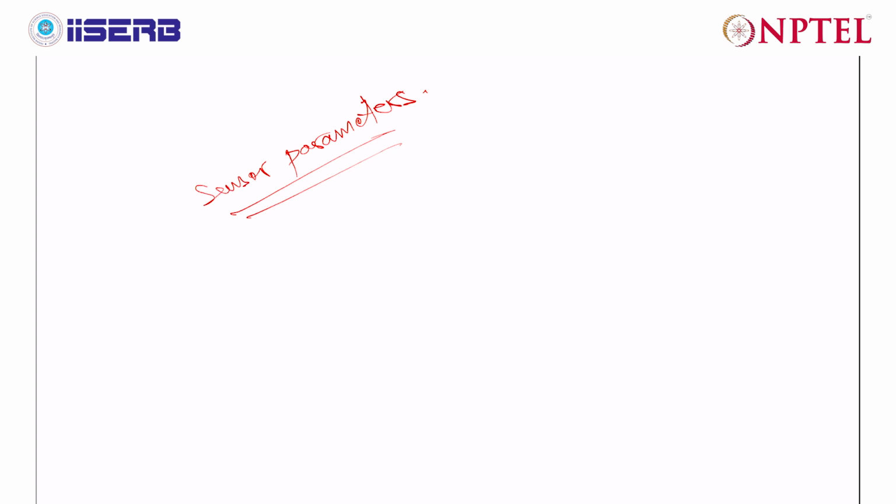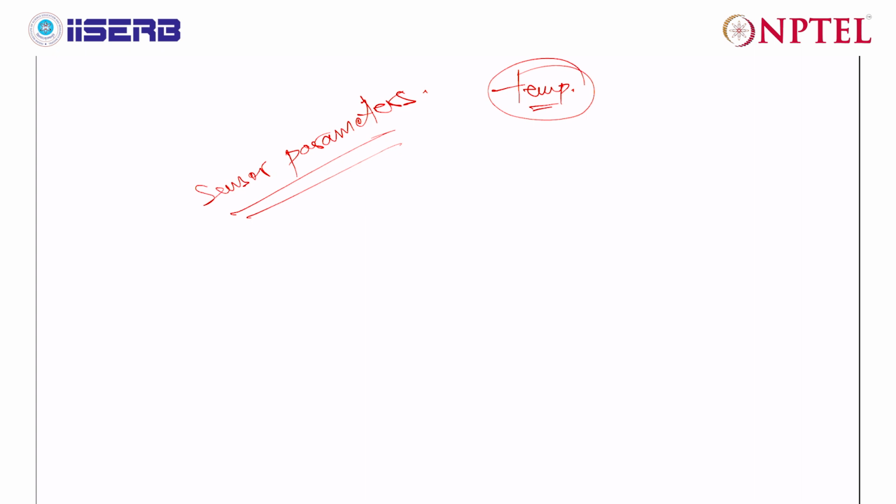related to this response and recovery time, what I would like to mention is, you may find temperature sensors. Why I'm taking this example, because I probably have said before also that temperature sensor is something which you can relate to very easily.